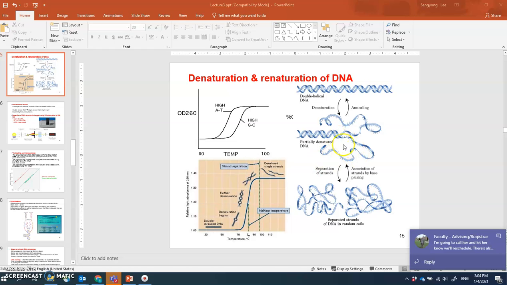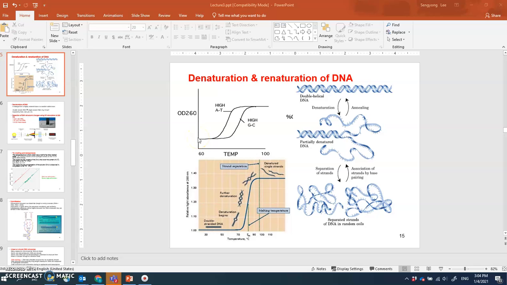So if you look at this graph, it measures the conversion of double-strand DNA into the single-strand form. So how do you do that? Treat your DNA with a high temperature condition, and you can measure the conversion using OD260. OD260 is the UV light absorption of your DNA.